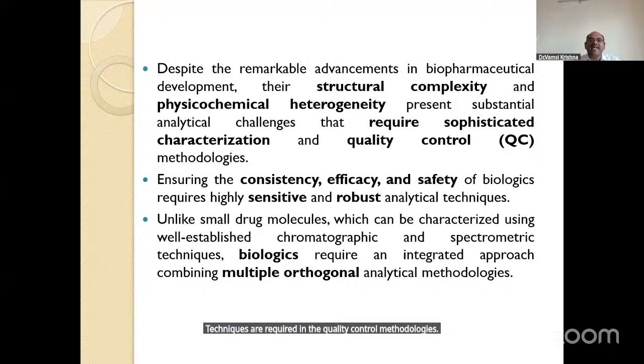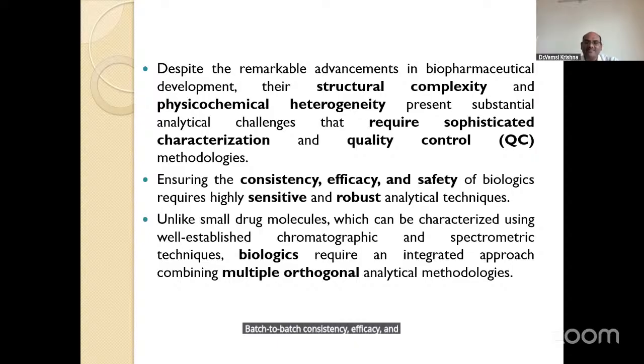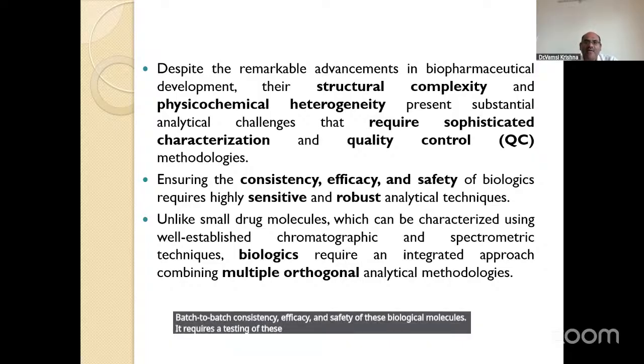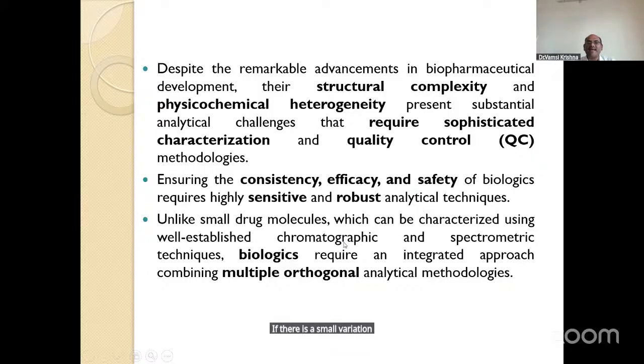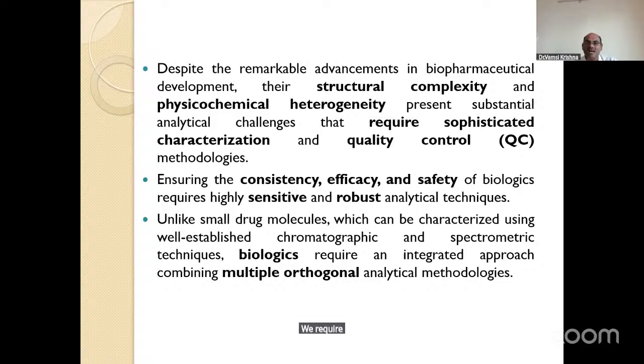Ensuring batch to batch consistency, efficacy, and safety of these biological molecules requires very sensitive and robust analytical technologies, because biopharmaceuticals are very complex and heterogeneous. If there is a small variation in their physicochemical characteristics, their biological responses are going to be altered. So for ensuring consistency, efficacy, and safety, we require very sensitive and robust analytical methodologies.